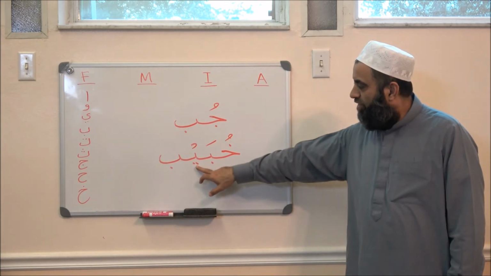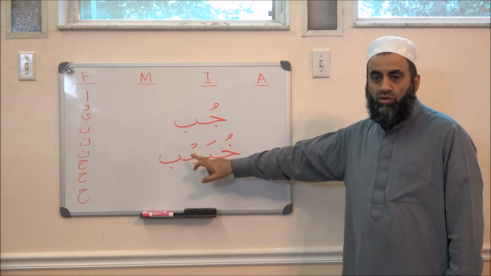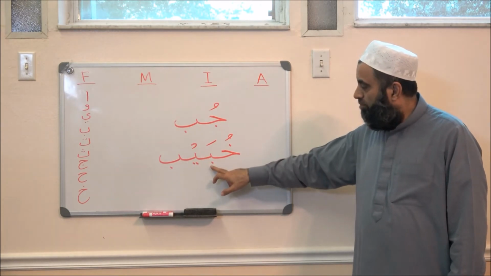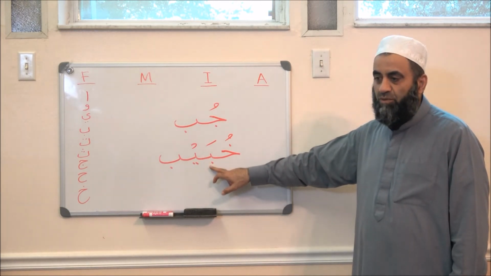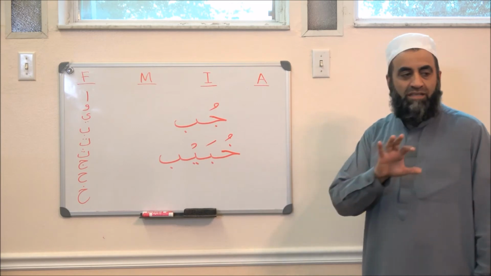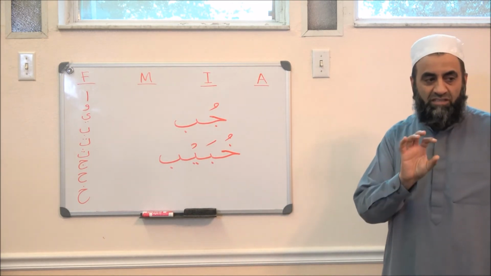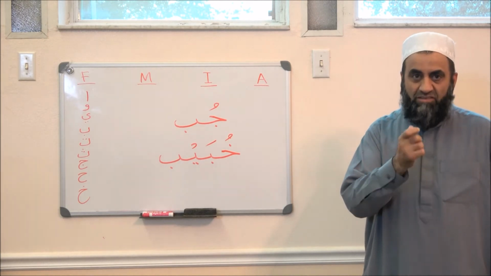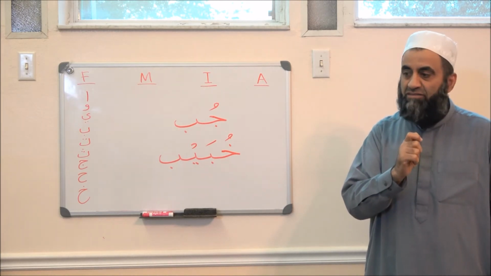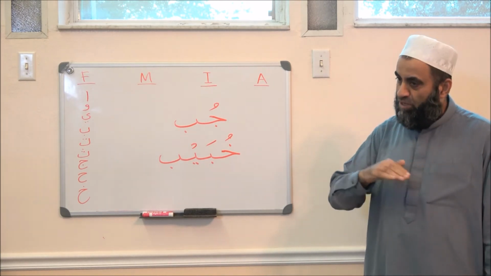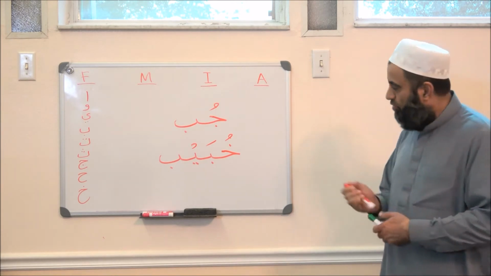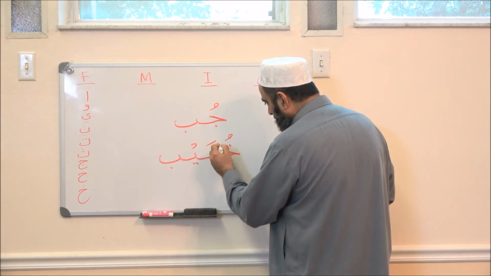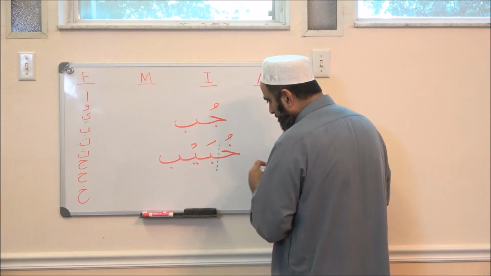Okay, now this E has a sukoon on it, right? So it's going to be pronounced with the previous syllable, right? What is a syllable? A syllable is a consonant plus a vowel, right? If one of the letters doesn't have a vowel, I must pronounce it with the previous syllable. So, consonant plus a vowel, right? This is my first syllable.